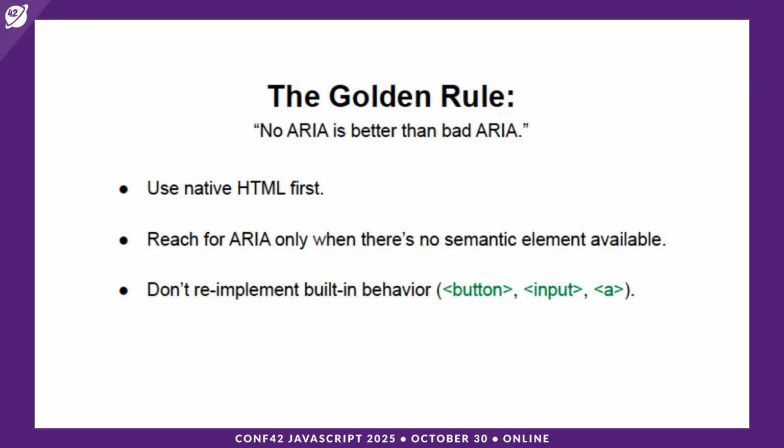All right, so that's the first step to avoiding accessibility problems, because there are instances where we might be trying to fix an accessibility issue, but in the actual sense, we are creating even more accessibility issues. So the first golden rule is to use native HTML first, and only reach for ARIA when there are no semantic elements available. And like I said earlier, don't try to re-implement built-in behaviors like buttons, inputs, and things like that.